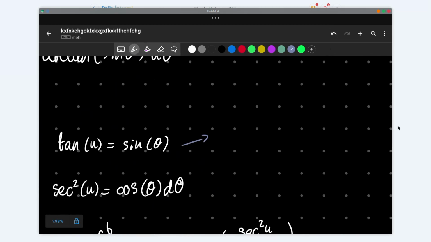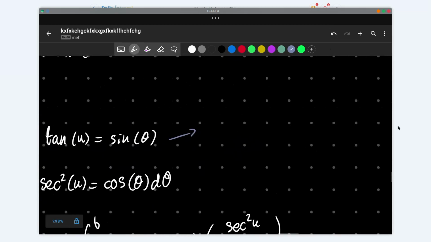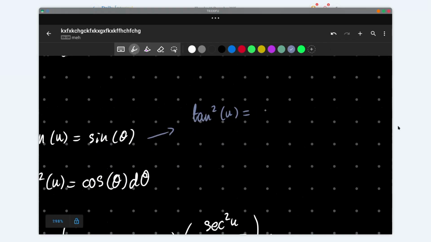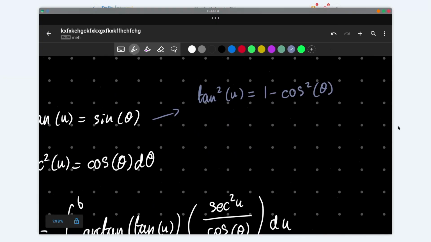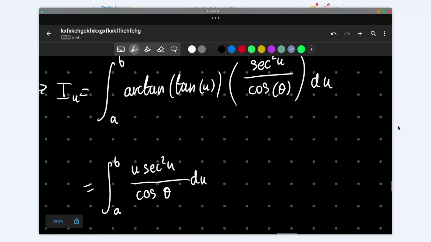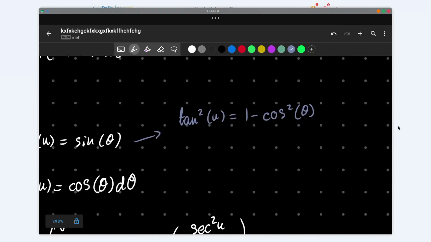We square both sides. Tan squared u is sine squared theta, which is 1 minus cos squared theta.